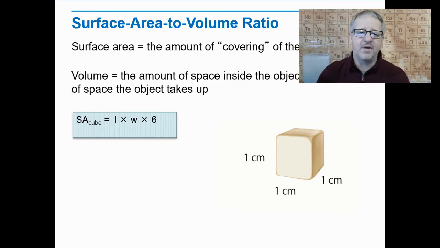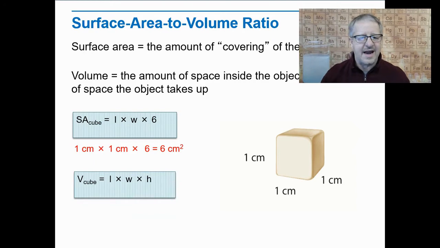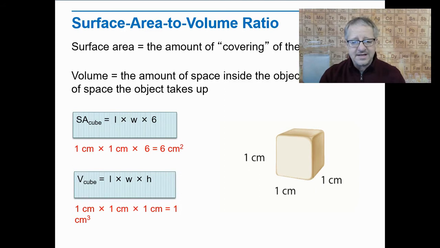So we basically end up with 6 square centimeters of surface area, because 1 times 1 times 6 is 6. In order to figure out the volume of the cube, we're going to take the length times the width times the height, and that's going to give us our volume, basically the amount of space that the object takes up. We calculate that out, and you see that we get 1 centimeter times 1 centimeter times 1 centimeter equals 1 centimeter cubed.